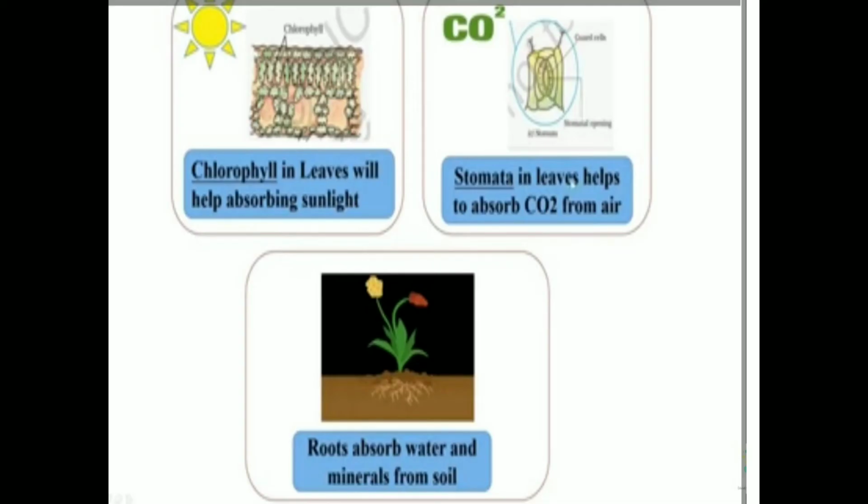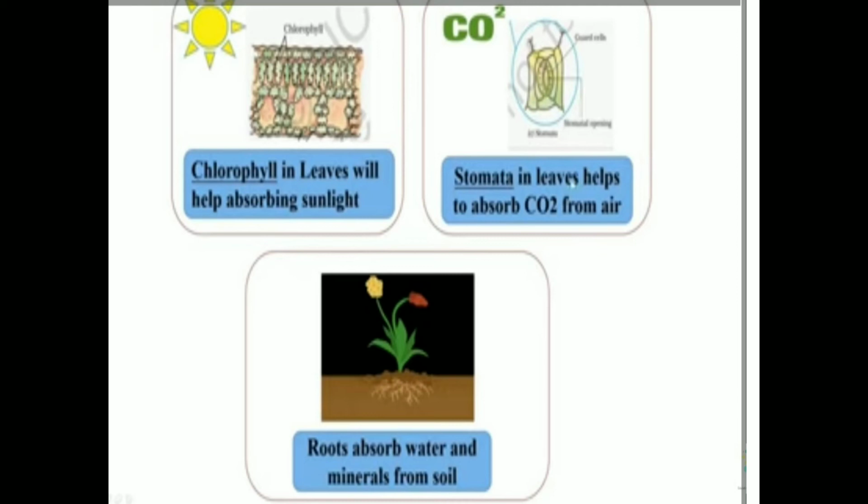We know that chlorophyll present in leaves helps absorb sunlight. Stomata present in the leaves help to absorb carbon dioxide from air. Similarly, roots absorb water and minerals from soil, and xylem and phloem vessels transport them to the leaves.